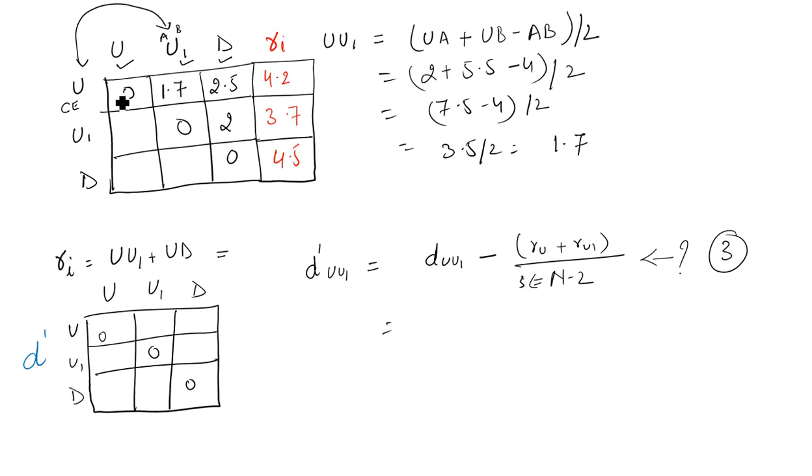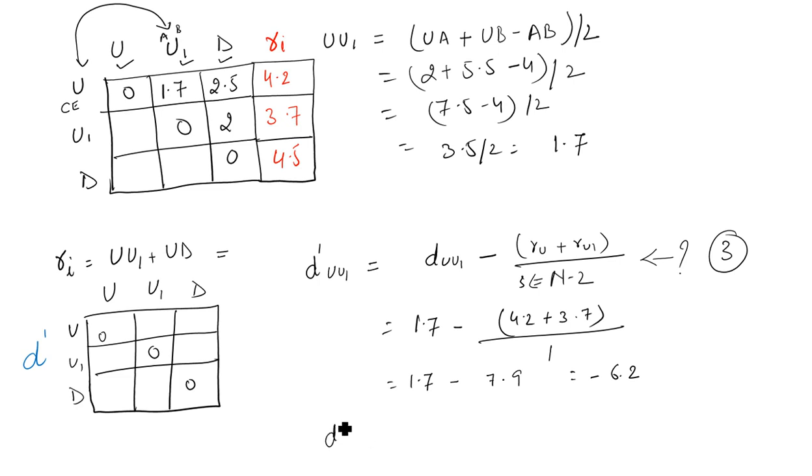So if I calculate, u1 is 1.7 minus ru, which is 4.2, plus ru1, which is 3.7, divided by 3 minus 2, which becomes 1. So 1.7 minus 7.9. So this will become minus 6.2.